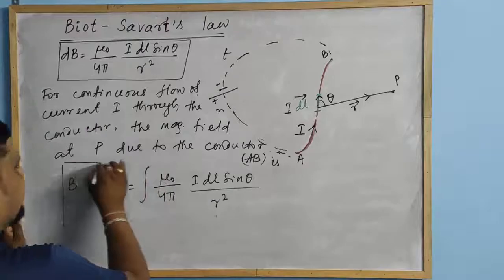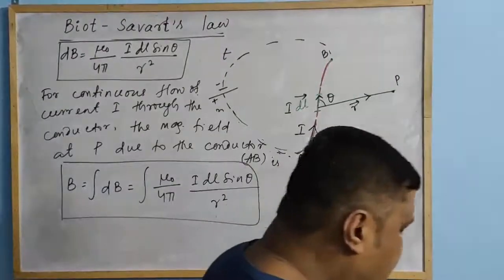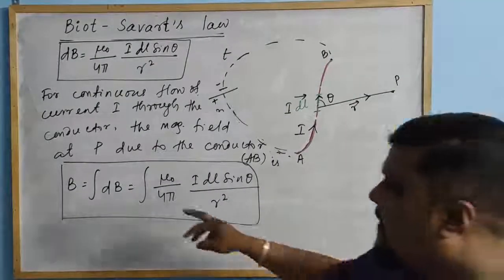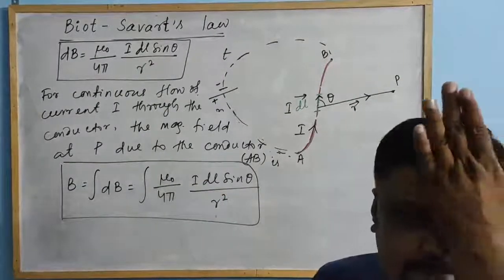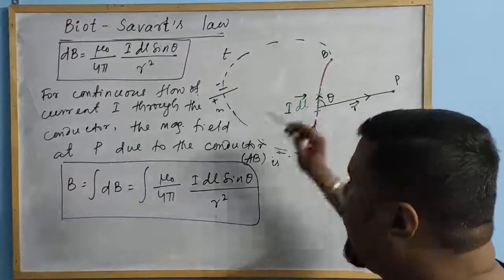That is the total magnetic field due to the current carrying conductor AB. Clear?